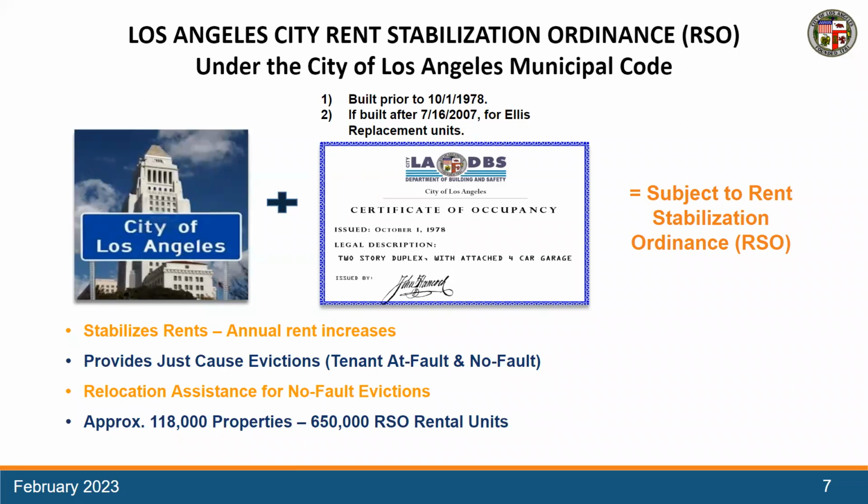For the no-fault eviction reasons, the landlord is required to pay the tenant relocation assistance. Generally, these are properties that are located in the city and were built prior to October 1st, 1978, with a Certificate of Occupancy issued prior to October 1st, 1978, or built after July 16th, 2007 as an Ellis replacement unit. Typically these would be units that are subject to the rent ordinance.